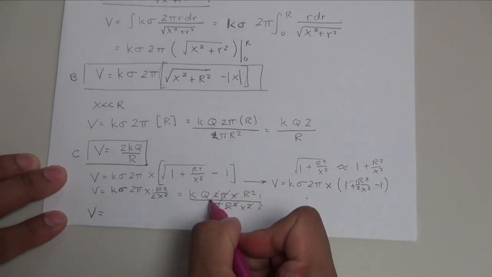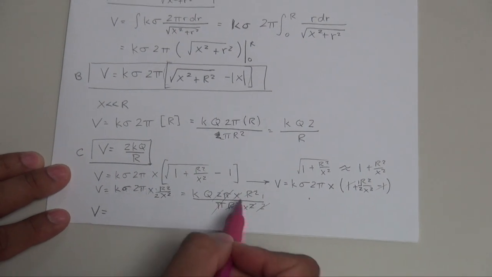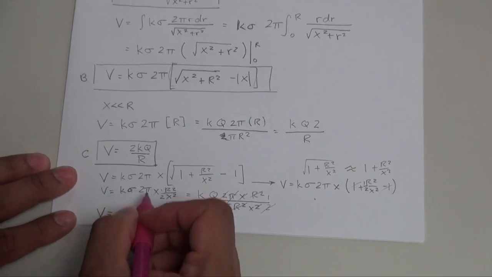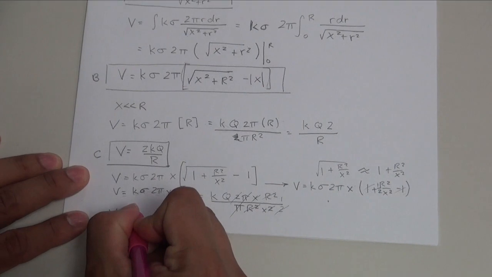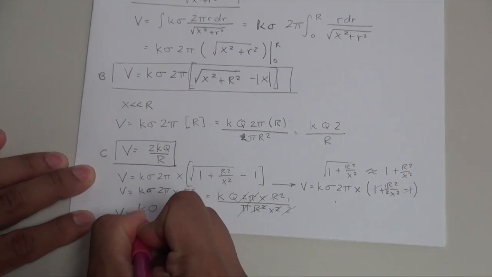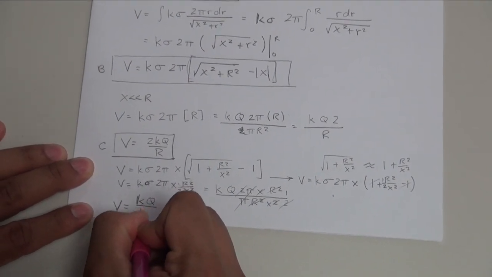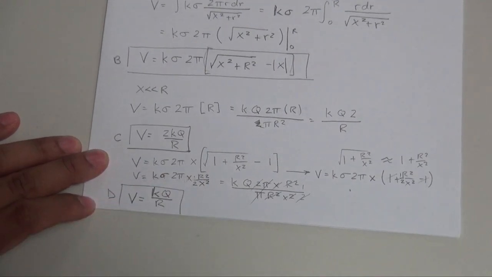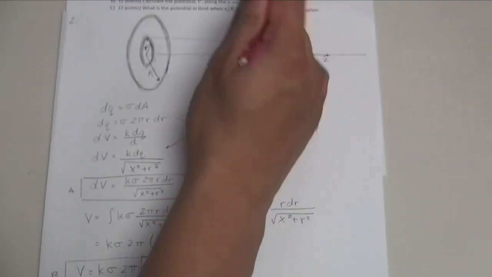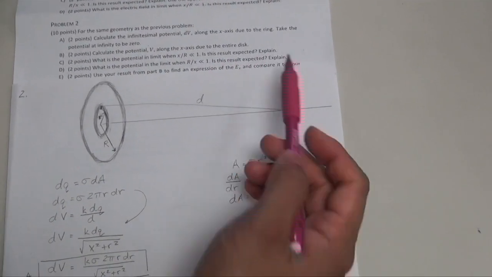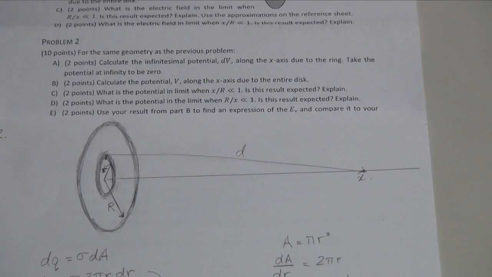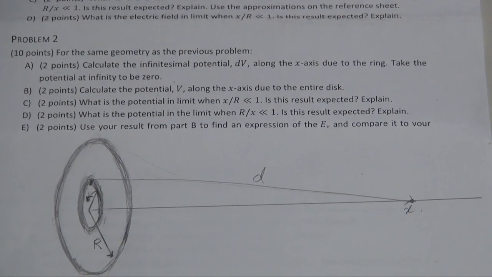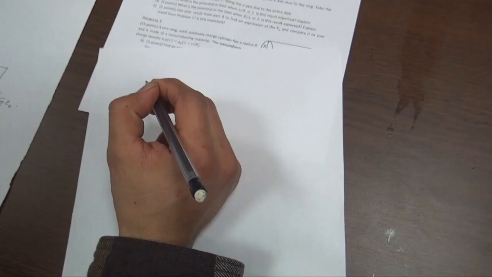Now, this helps the 2 in the numerator cancel out with the 2 in the denominator. Now, our final answer will be kq divided by r. This is our answer for D, and this is expected, as the question asks. Is this result expected? Yes, because this is the potential of a point charge with a value q.